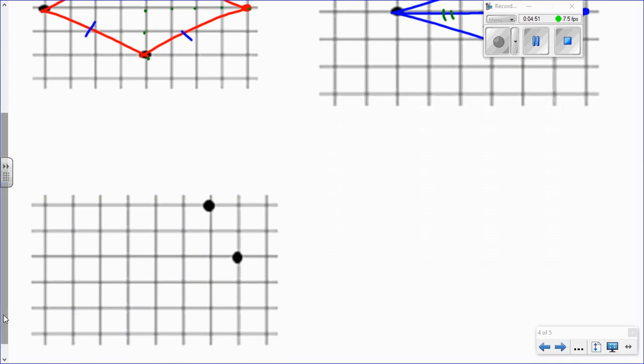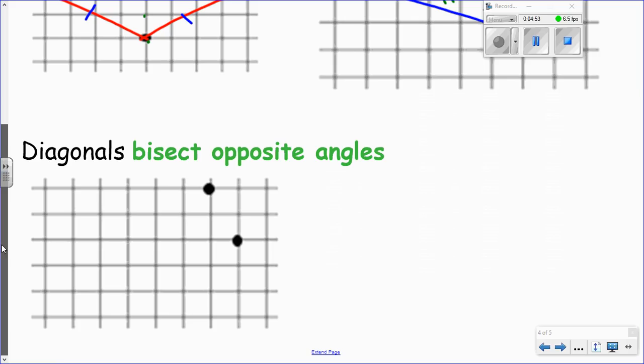And the last one that makes a rhombus special is the diagonals bisect opposite angles. So we wanted to finish this from these two points. Now these would be our points here because we know our diagonals need to be perpendicular. And so then we can just connect to finish making our rhombus.